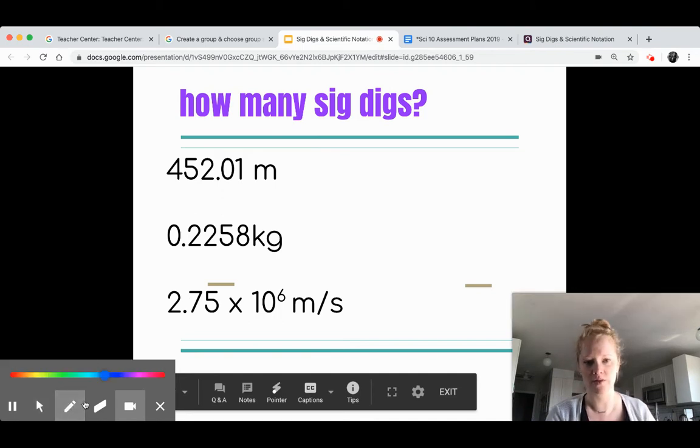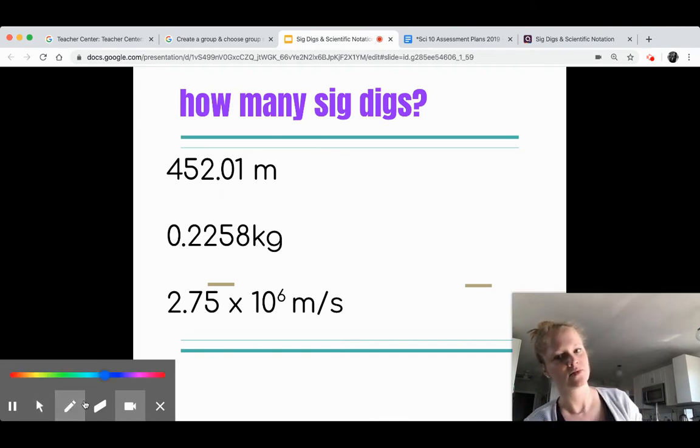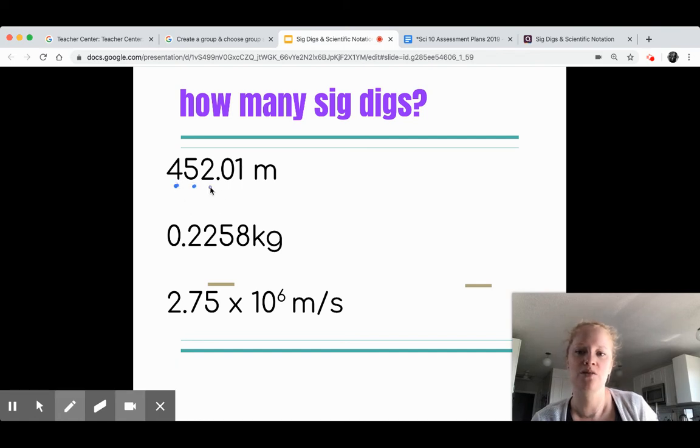So examples, if you want, pause, try them, and then I will do them. So pause, maybe. This one should have 1, 2, 3, 4, 5 sig digs. This one, don't count the front 0. 1, 2, 3, 4 sig digs.